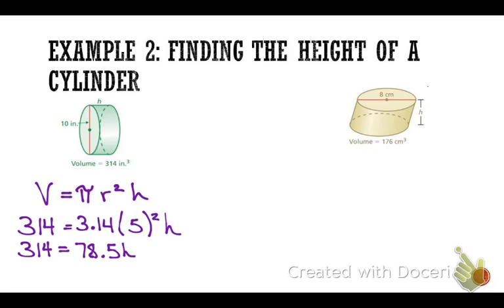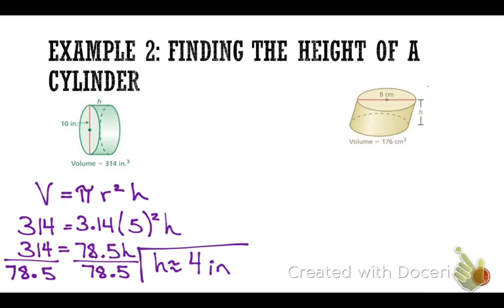Nolan, how do you think you're going to solve for h at this point? Bailey, can you help him out? Divide both sides by 78.5. And then h, again, remember guys, it's approximated because that 3.14 is a rounded value. When I approximate it, h is approximately 4 inches.